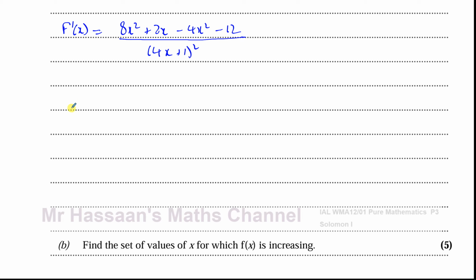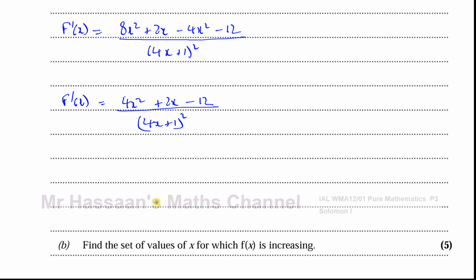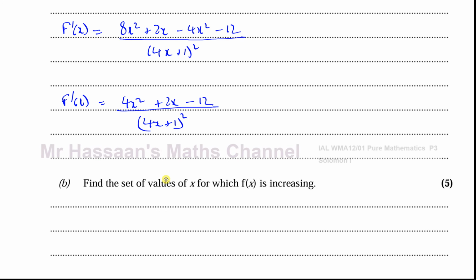Finally we can write the simplified answer: f dash of x is equal to 8x squared minus 4x squared, which is 4x squared, plus 2x minus 12, all over 4x plus 1 squared. So there's the answer to part A, where we just find the derivative.